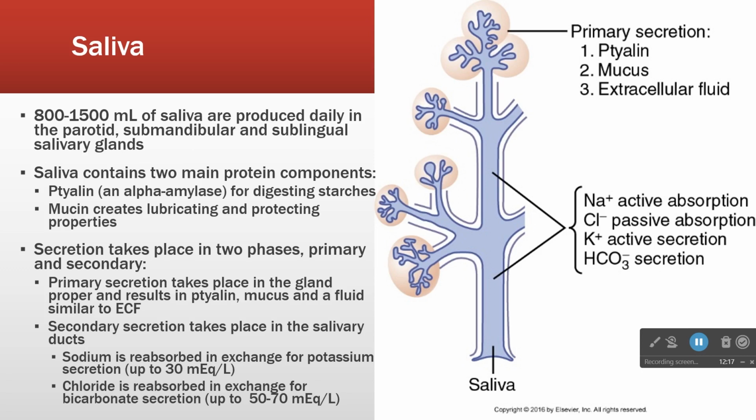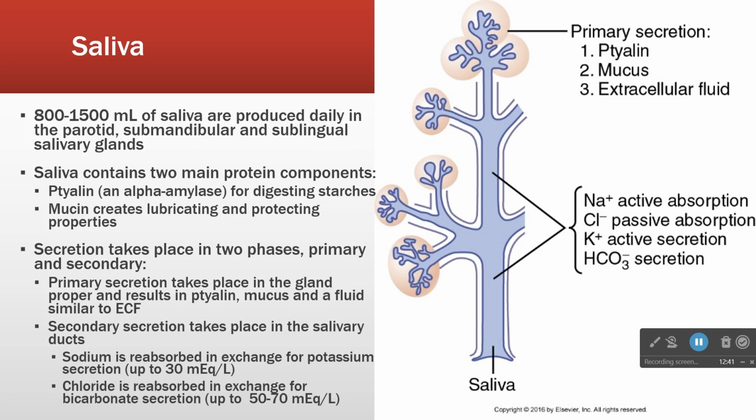Secretion takes place in two phases. There's a primary phase and a secondary phase. So if we look at a salivary gland, we have ductal structures that are long and thin, and then we have glandular structures at the end that look like trees. Okay? The primary secretion is happening in the tree-like glandular structure.